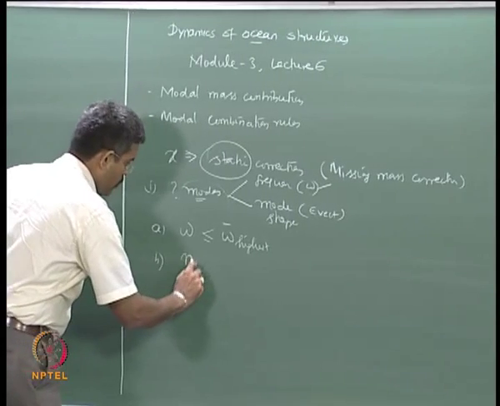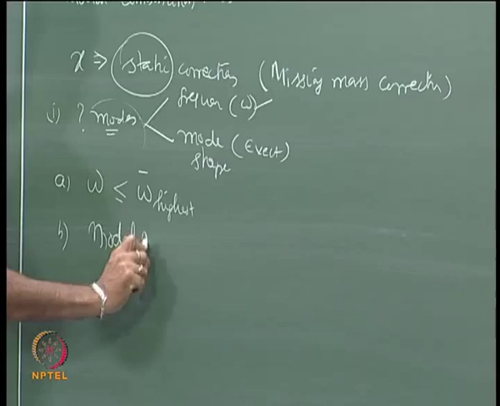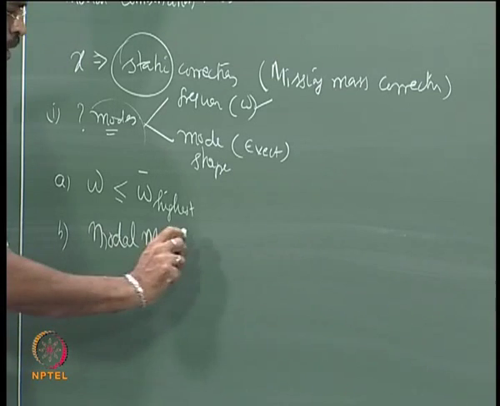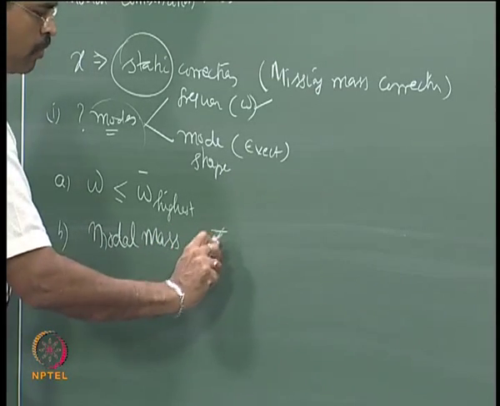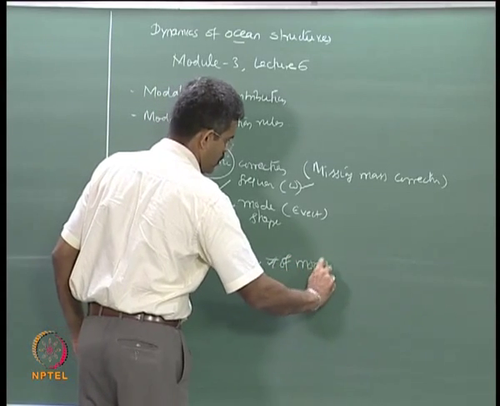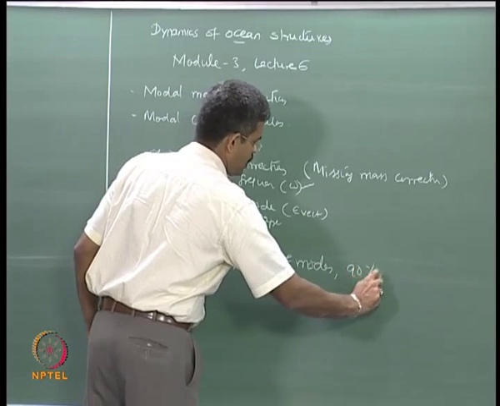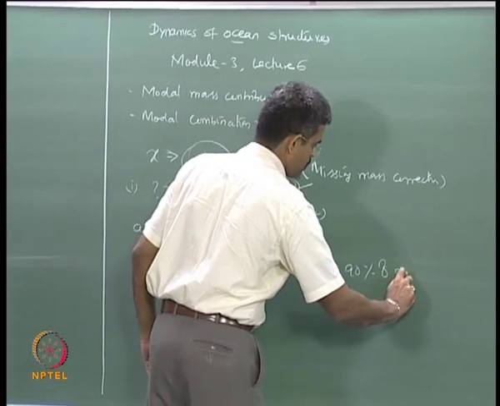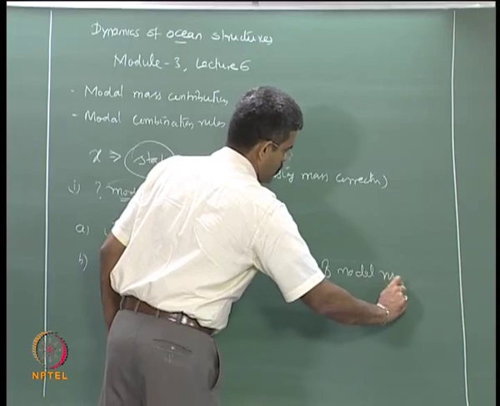Secondly, you should look for the modal mass participation and include only those modes up to which you can say 90% of the modal mass is included.